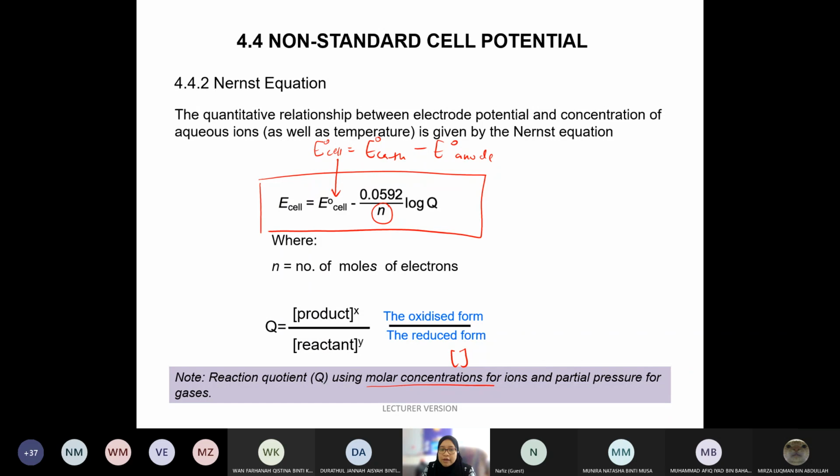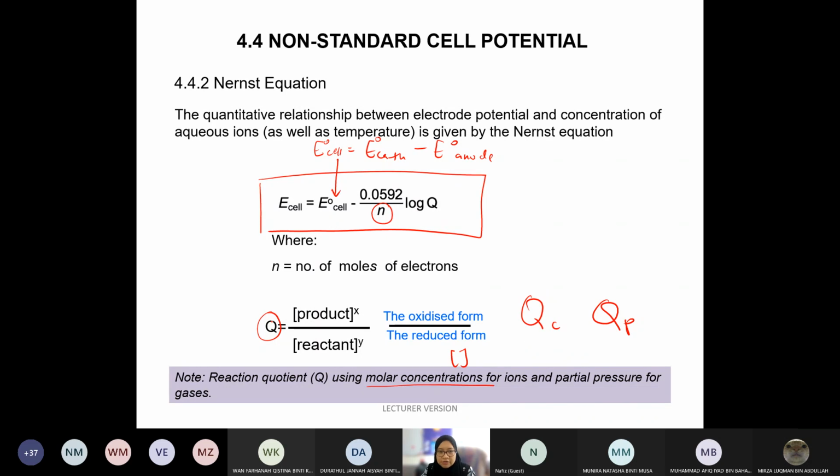What we learned in topic 2 last time, we have Qc and Qp, right? For this one, you can actually combine them. Suppose there is gas in your cell, like hydrogen gas, so it is not given in terms of concentration but in terms of partial pressure.